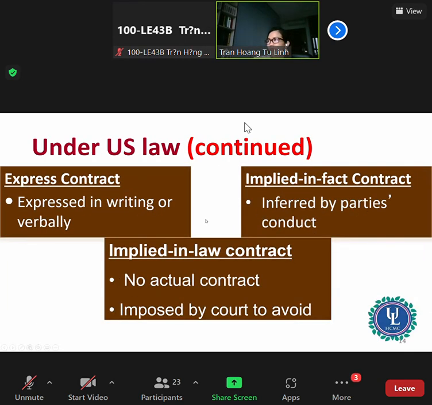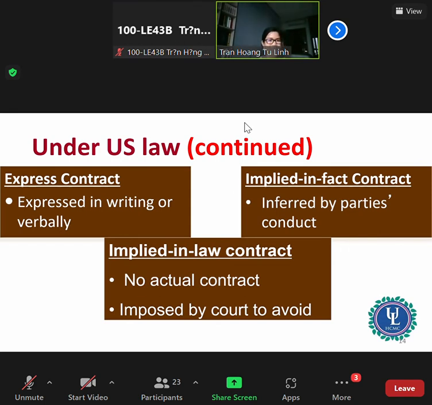Next, we have another subcategory, which is express contract, implied in fact, and implied in law. Okay, so let's first look at the words. What does it mean when we say express or implied?